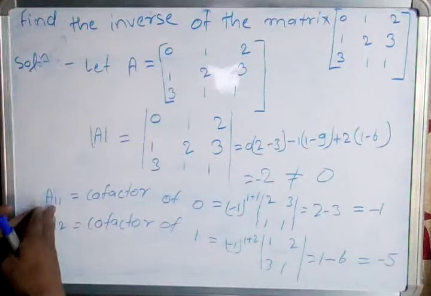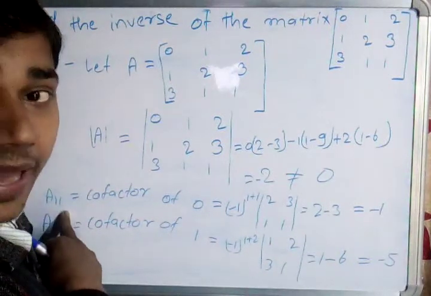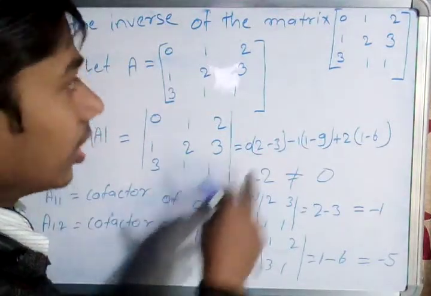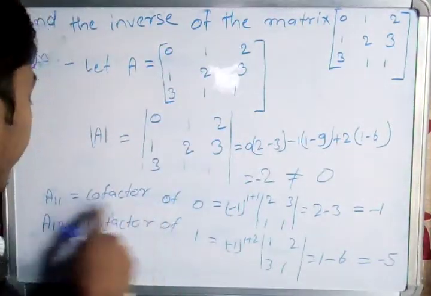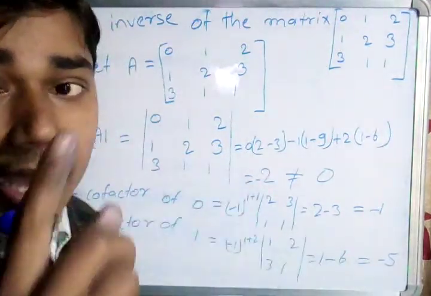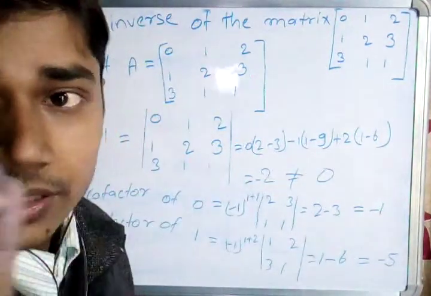Then the cofactor of A11. The cofactor is denoted by Aij and the minor is denoted by Mij.